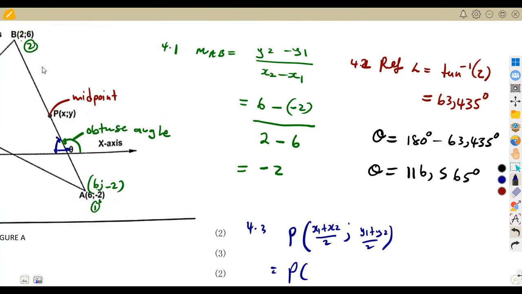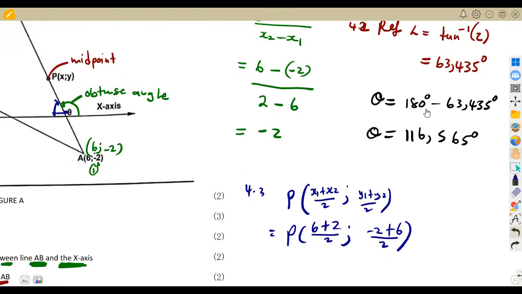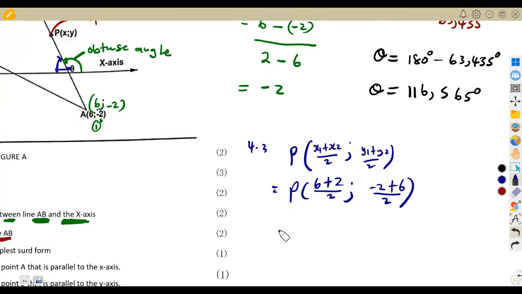So if you consider P is the midpoint of what? Of AB. So you're just going to add X here, it's 6 plus the X value, which is 2, everything over 2. The Y value here, it's minus 2. The Y value there, it's a 6. So it's minus 2 plus 6, everything over 2 like this. All right. So that's the midpoint of a line segment.